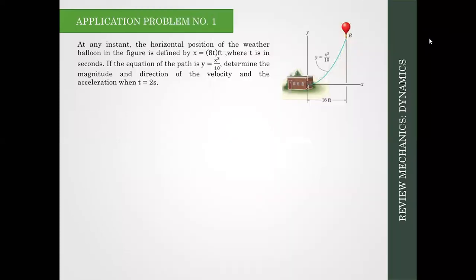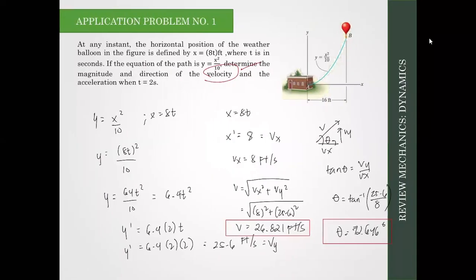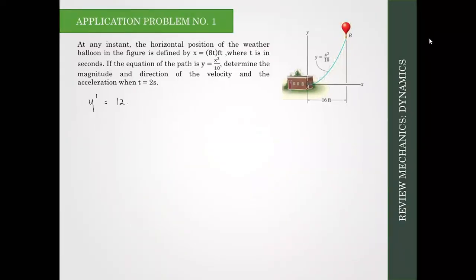Okay? So, copy ko lang to. So, si acceleration kailangan natin. So, meron na tayo nakuha kaninang formula for yung first derivative natin ng y. Ang formula nakuha natin is yung 6.4 times 2, that is 12.8, no? 12.8t. Ito yung first derivative natin.